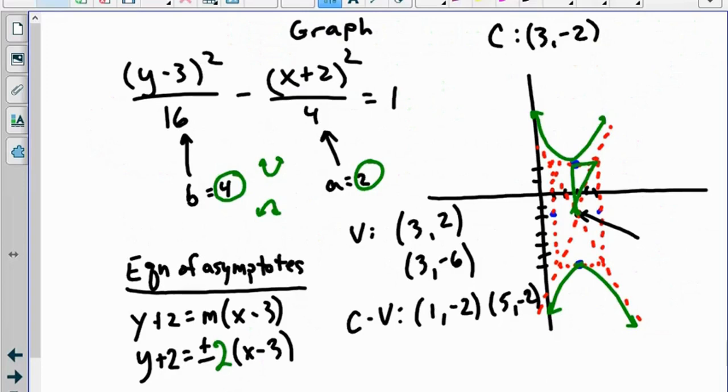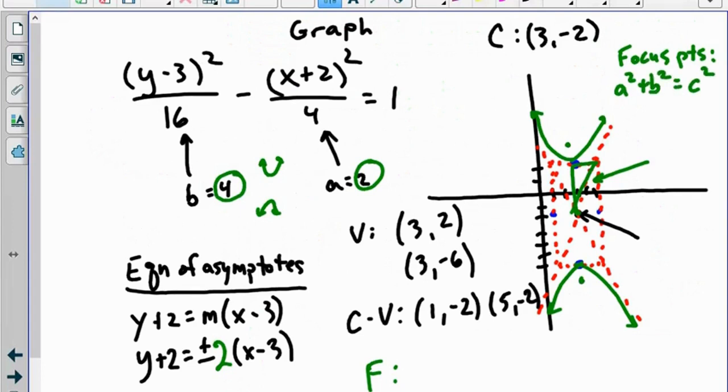Finally, we're going to be asked to find where the focus points are. Focus points are always in the direction of the opening, and they're on the outside of the box. And I already drew what we can use to find the focus points. In order to find focus points, we use the Pythagorean theorem.